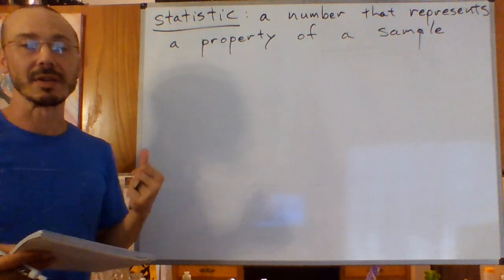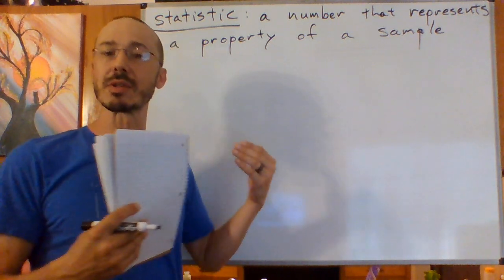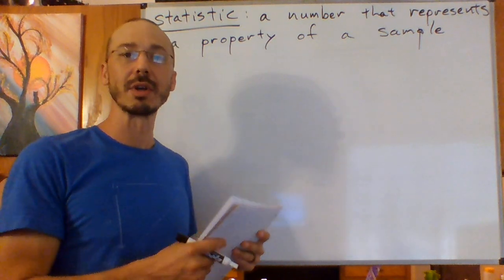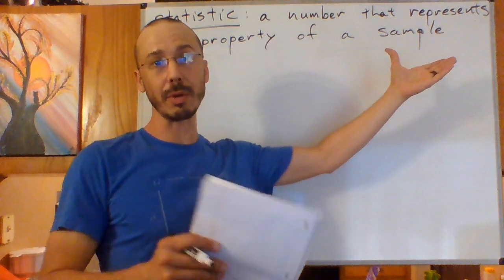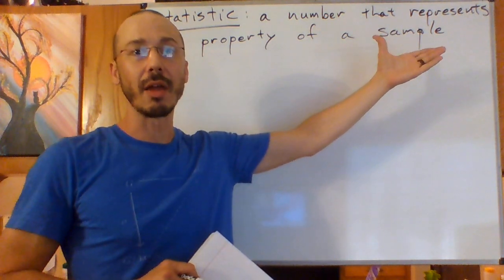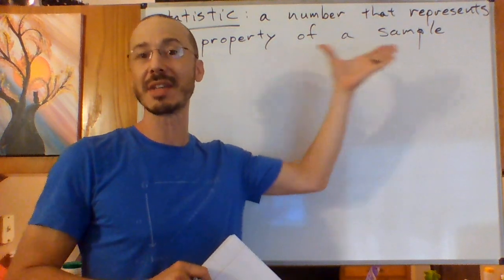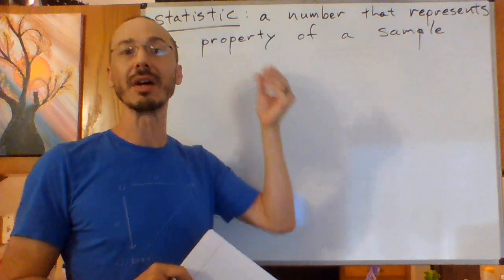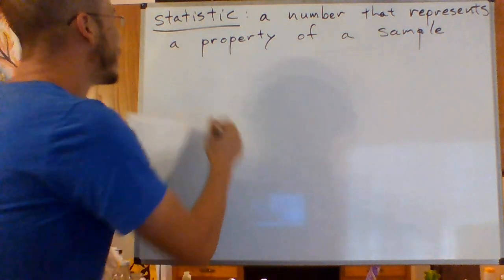For example, the sample that we saw of the sleep times, the number of hours of sleep that people get on average, if that was a sample of 14 people, kind of was, the average was a number that represents a property of the sample. That average that we saw is an example of a statistic. There are other statistics too.